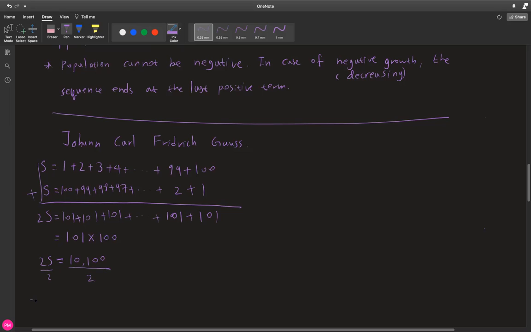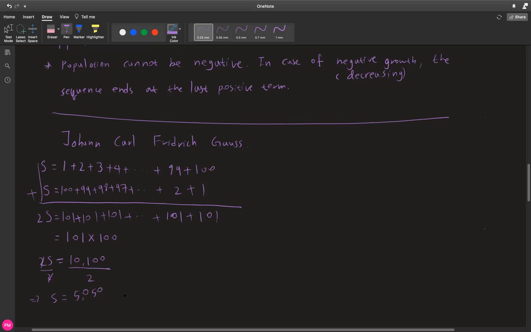Then you will actually end up with s equals, because the 2's cancel out here, 50, sorry, it's 5,050, and that's the answer.